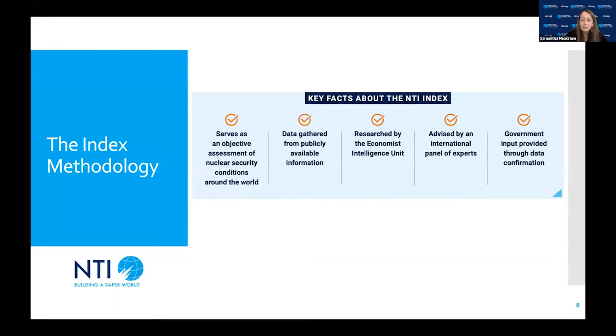Then we also give governments a chance to look at the research before we publish it. We want to be transparent with them, but also make sure the information is as accurate and up to date as possible. This year, 27 of the countries that have materials or facilities did review that data. However, none of the four that are in Africa did so.